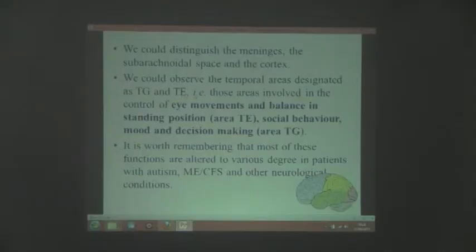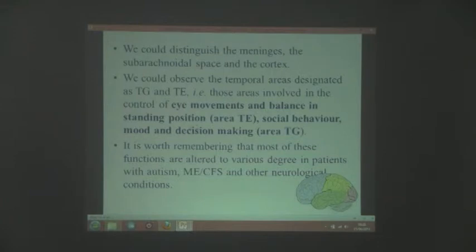Then, knowing a little bit of neuroanatomy, we could direct the ultrasounds in those areas of the temporal lobe that were designated by von Economo as TG and TE, or they also have other designations in numbers, and are those areas that are involved in the control of eye movement. And when I say eye movement, I guess that all those who are interested in autism understand what I'm talking about.